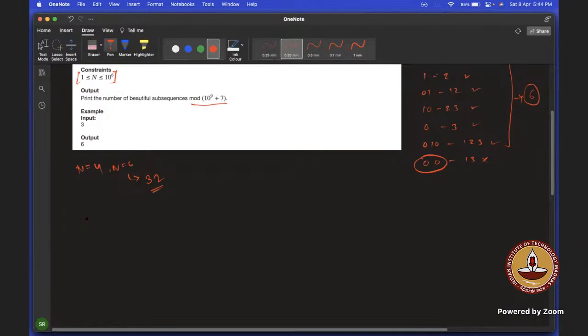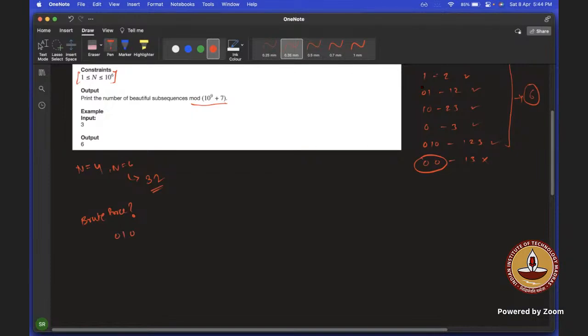Let's first look at the brute force approach. What could be the brute force approach? Well, it's kind of obvious that you generate all possible subsequences of the given input. So you give 1, 0, 1, 0.